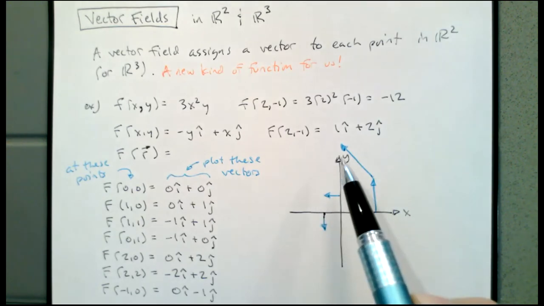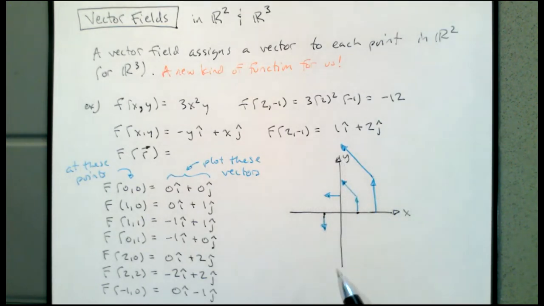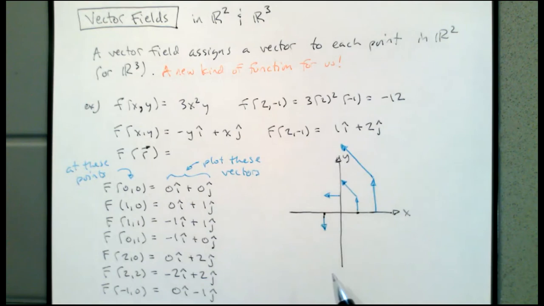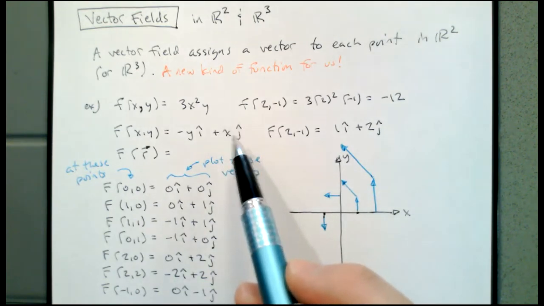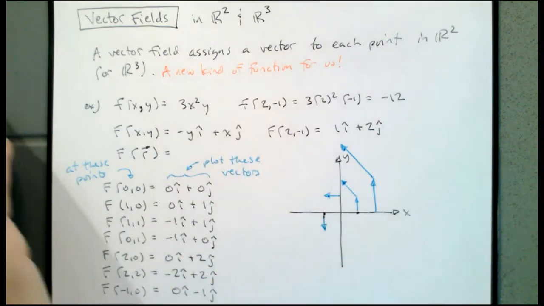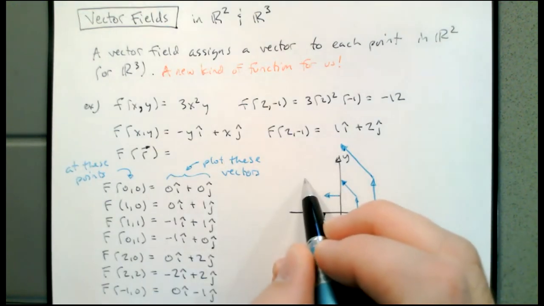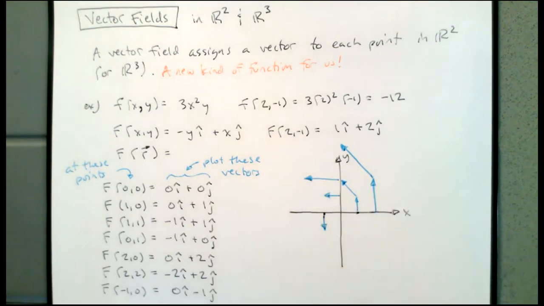Similarly, all the vectors along the y-axis are going to be horizontal, because along the y-axis, x is equal to 0. And so we'll have no j component in our output. But at each point, we are assigning a vector.